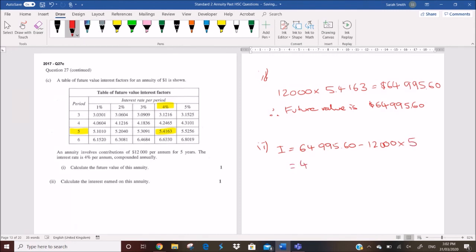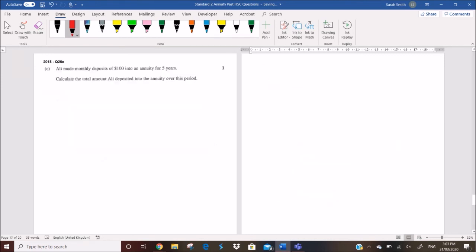So we're going to end up with $4,995.60 in interest. So I can say, therefore, interest earned is $4,995.60.